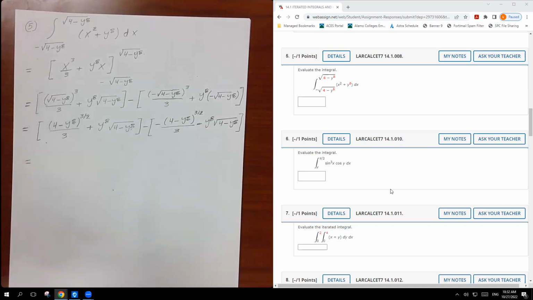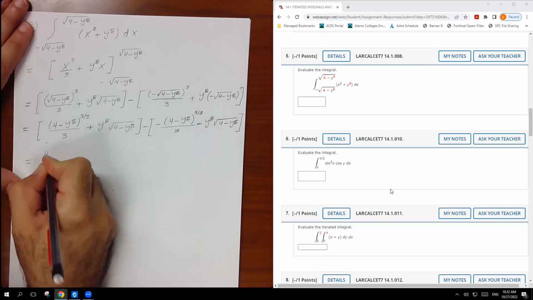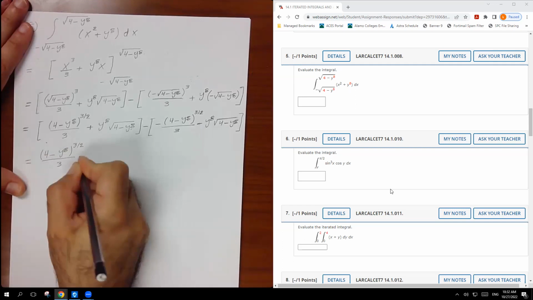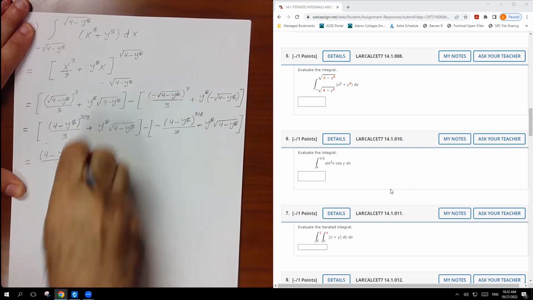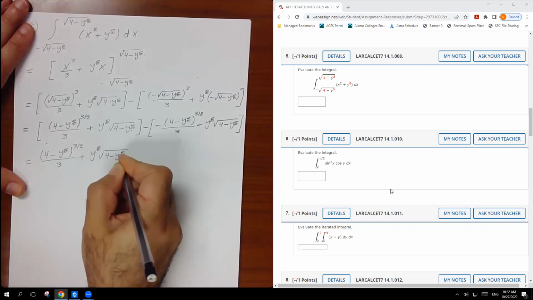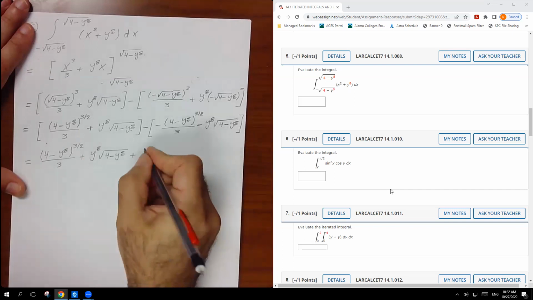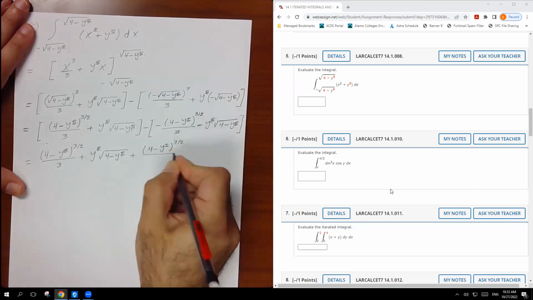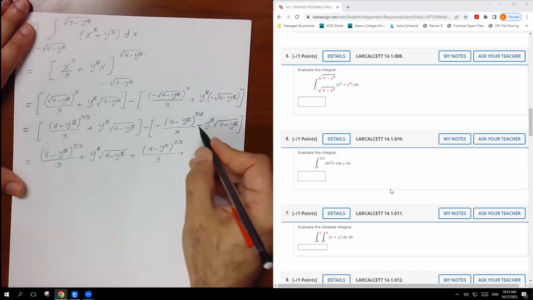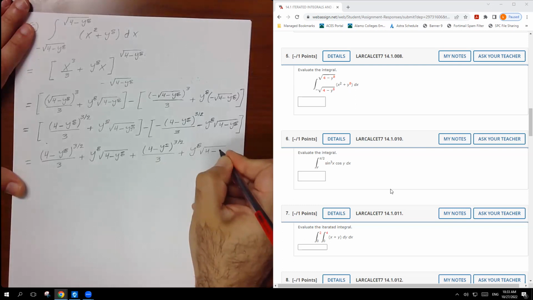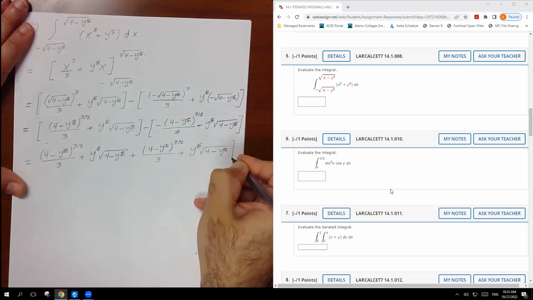So this one is going to be equal to 4 minus y to the power 8, to the 3 over 2, divided by 3, plus y to the power 8 square root of 4 minus y to the power 8, plus, because negative times negative is positive, 4 minus y to the power 8, to the 3 over 2, divided by 3, plus, again because negative times negative is positive, y to the power 8 square root of 4 minus y to the power 8. You don't have to put the bracket anymore.